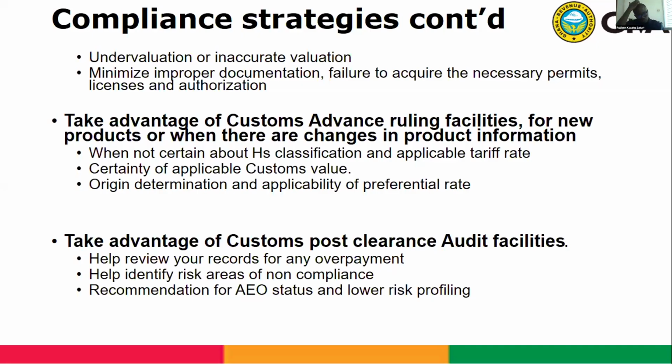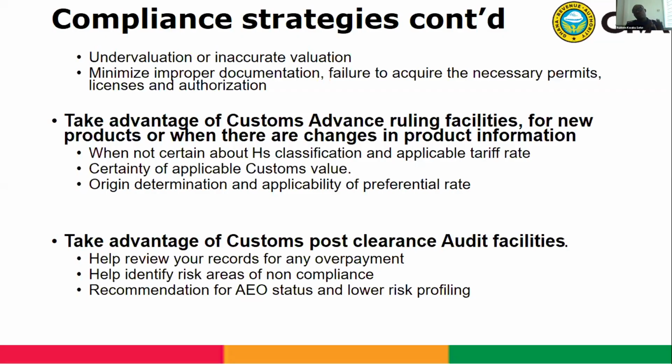Traders or importers can also take advantage of customs post-clearance audit facilities. Customs undertakes post-clearance audit, as I discussed earlier, to ensure that goods imported are compliant. Therefore, when you take advantage of that facility, they will help review your processes and identify all risk areas of non-compliance, and they will even show you whether you have overpaid, or they can even recommend you for AEO status or lower your risk profiling.